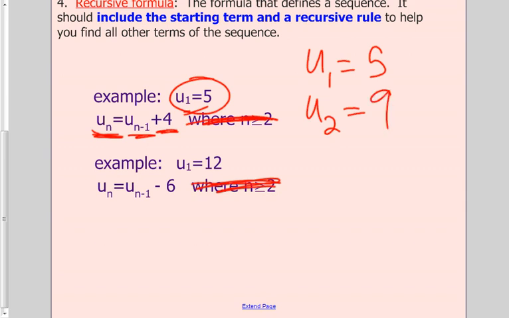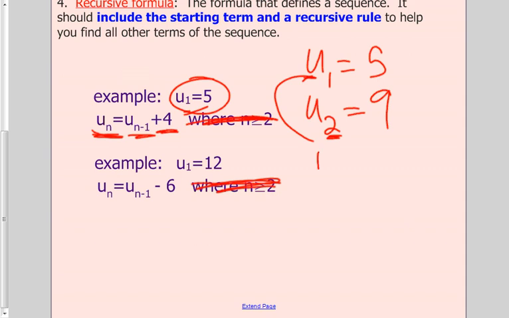Sounds right to me. We use the term before it and add 4 onto that. So this u of n minus 1, in this case, since we're trying to find u of 2, 2 minus 1 is 1. So we're just using the term before it to add to it.